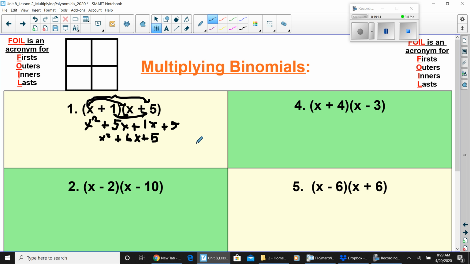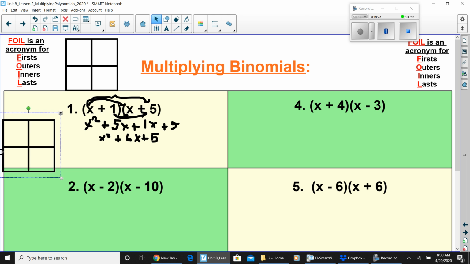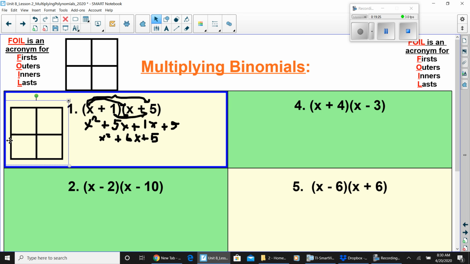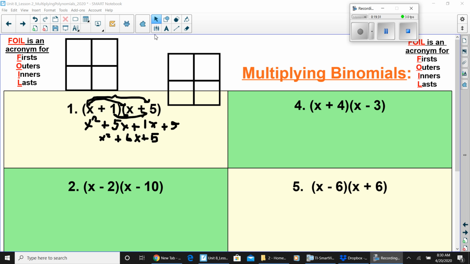Right? Okay. So let me show you the square method. I have it set up over here. So I am just going to move it over here and hopefully everything is good. Okay, I'll leave it up here.